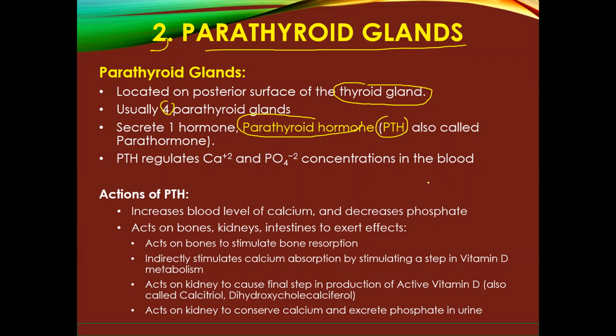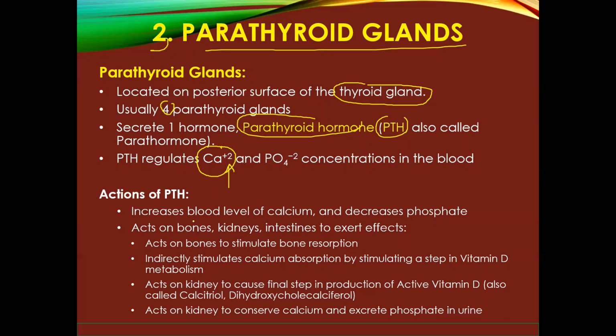Remember the calcitonin? The calcitonin action is to lower calcium in the blood. The PTH action will be to increase the calcium level in the blood. So in case we don't have enough calcium in the blood, then PTH will be released in order to increase the calcium.